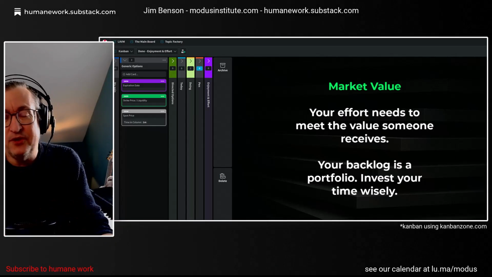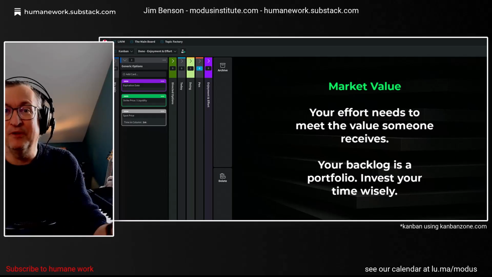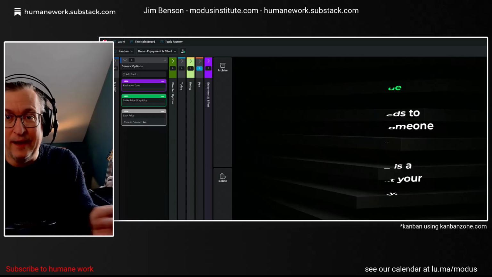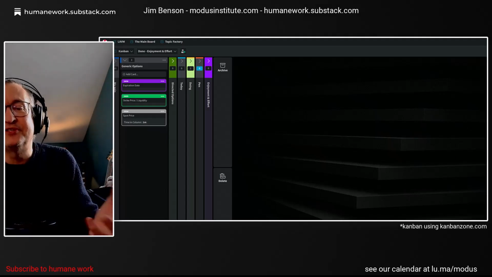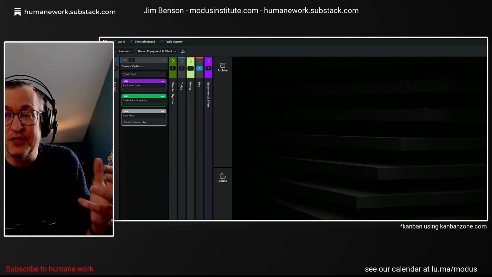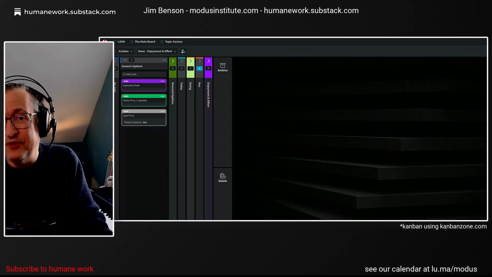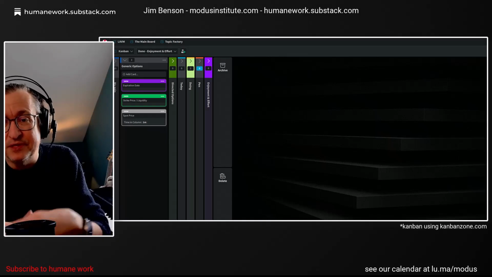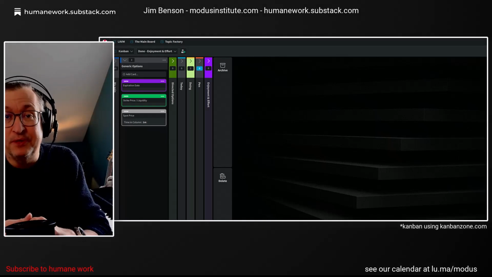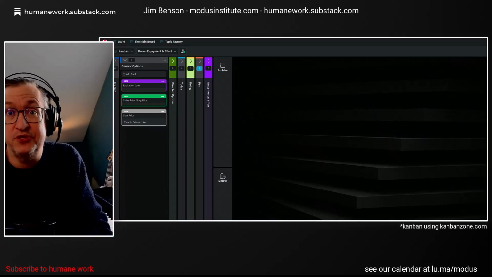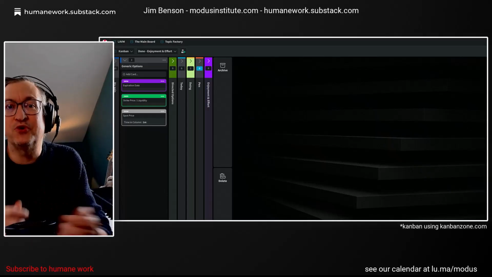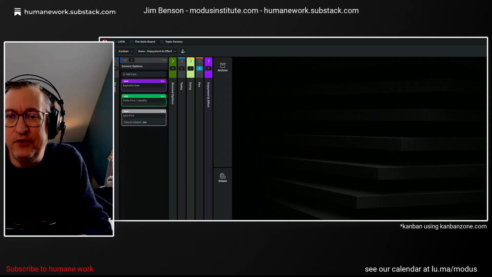And we've done other things that take us very little time where people have picked them up right away. So there's this balance of understanding that your backlog is a portfolio and that each one of those things you can be doing is an investment. And when you make those investments, then you watch those investments and you see how they perform. Those drive how you pull work in the future.